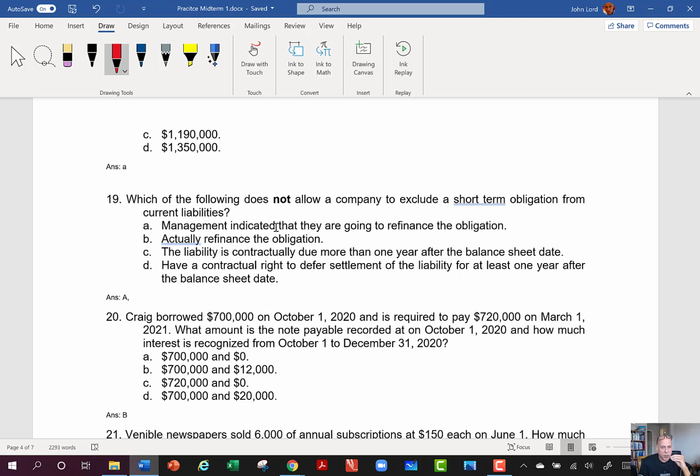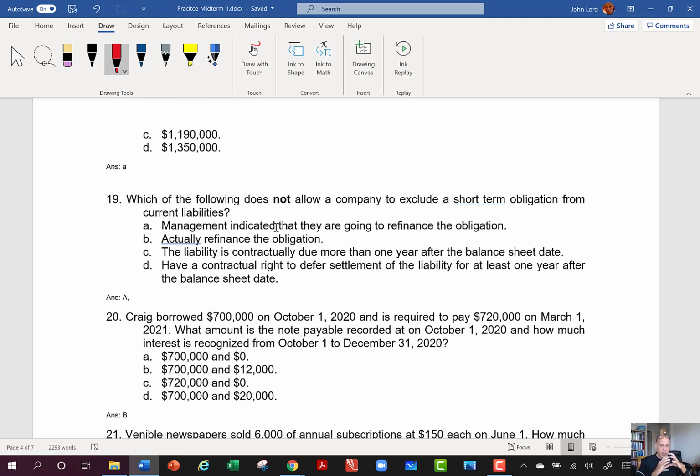Then as long as I have executed that refinancing before I issue the financial statements, under US GAAP, they allow me to go ahead and push that down to the non-current section because the refinancing was executed before I issue the financial statements. Okay. Now, what if I haven't had a chance to refinance that before I issue the financial statements?